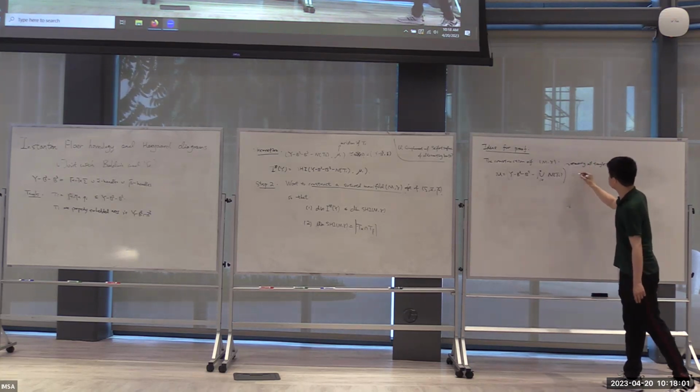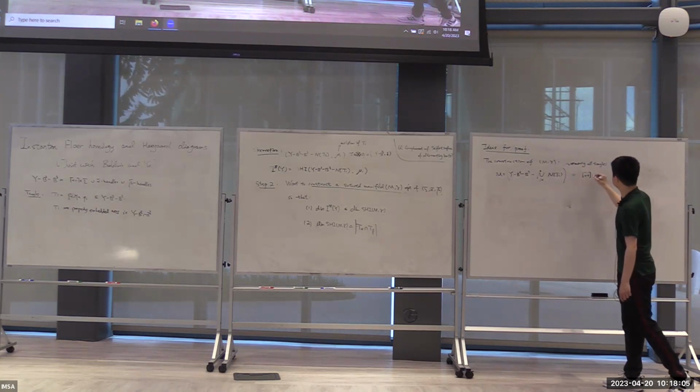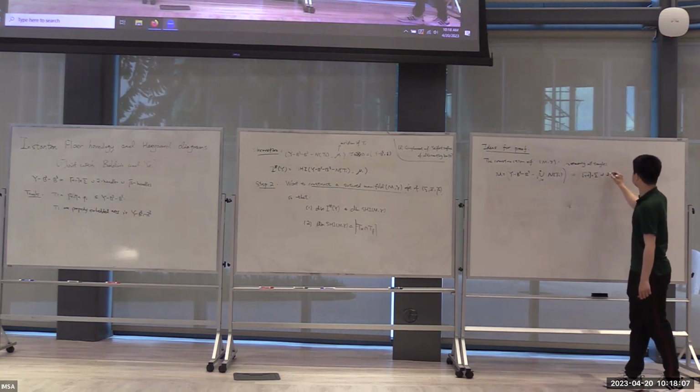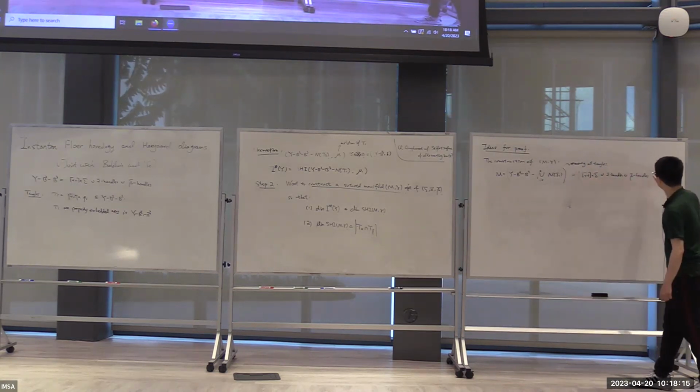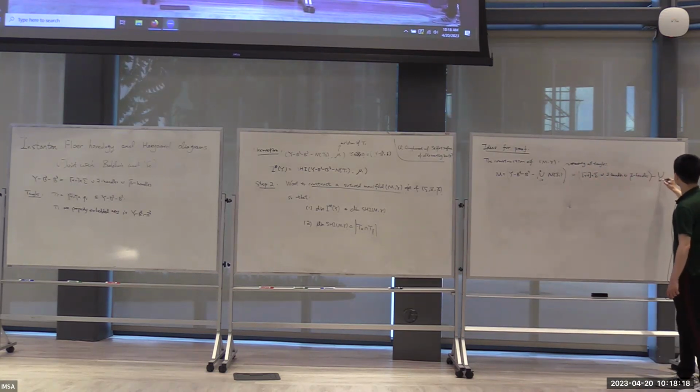That is the same as having the thickening of our sigma and union alpha handles and union beta handles, minus all the neighborhoods of the tangles.